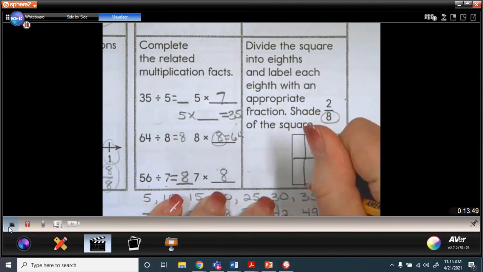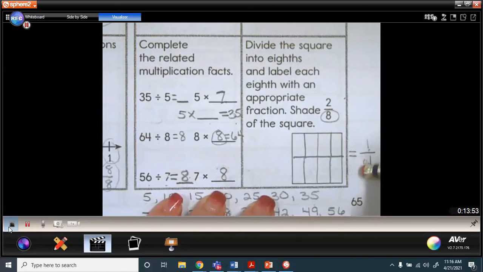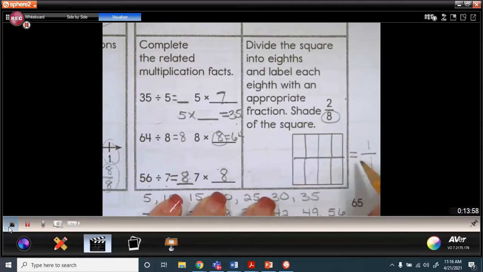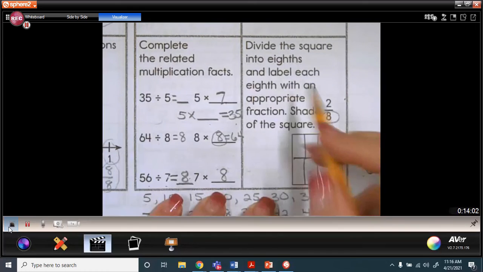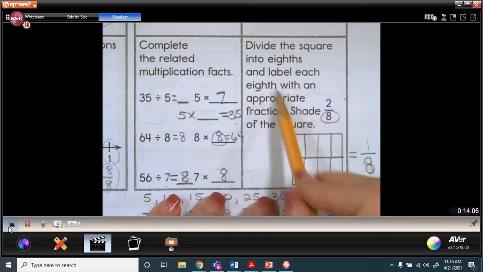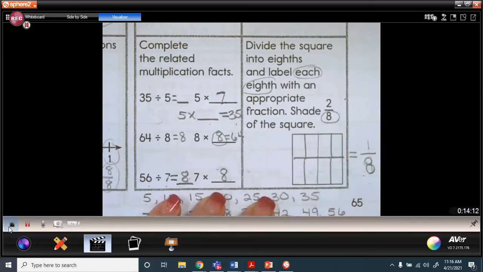And now each fourth becomes 8s. So now I've gone from halves to fourths to 8s. Now it asks me to divide the square into 8s and label each eighth with the appropriate fraction. Then shade 2/8 of the square in.